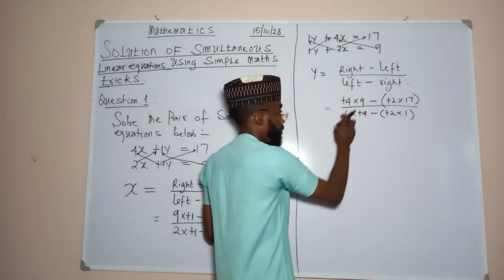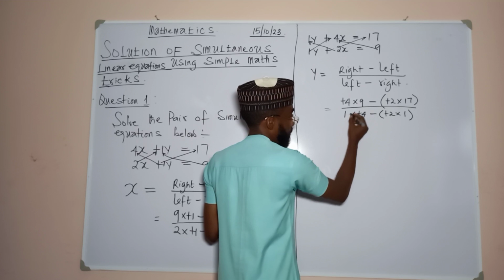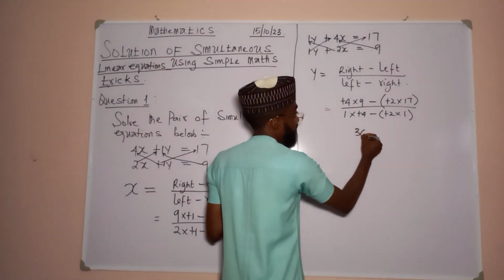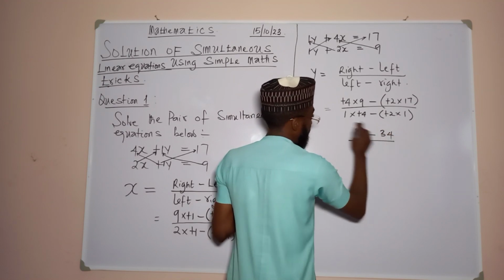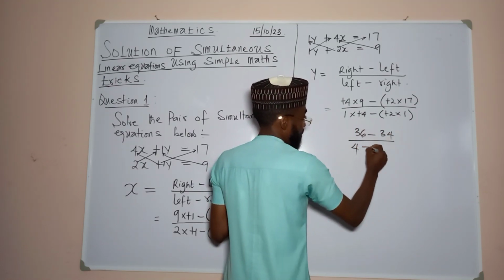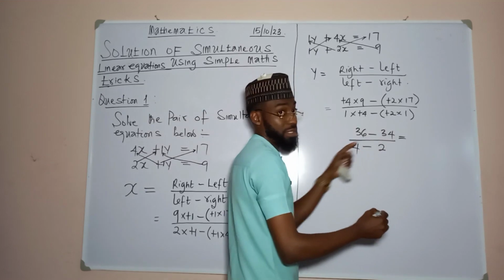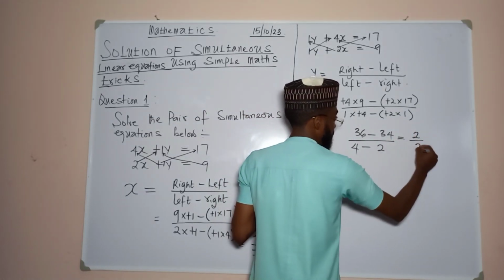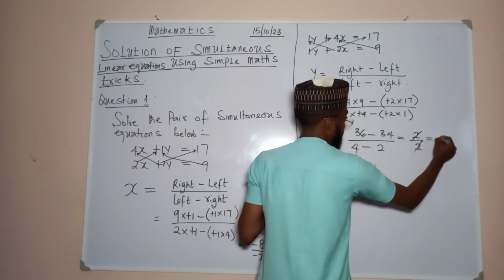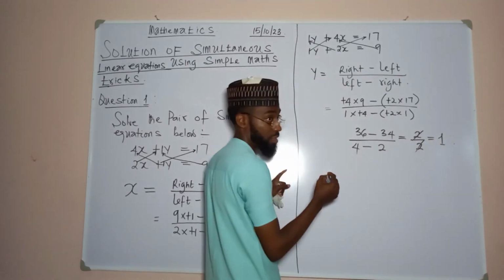This is simple multiplication. So we have plus 4 times 9 is 36, minus 2 times 17 is 34, all over 1 times 4 is 4, minus 2. 36 minus 34 is 2, all over 4 minus 2 is 2, and 2 will cancel 2 to give you 1. So we have solved for the second variable.